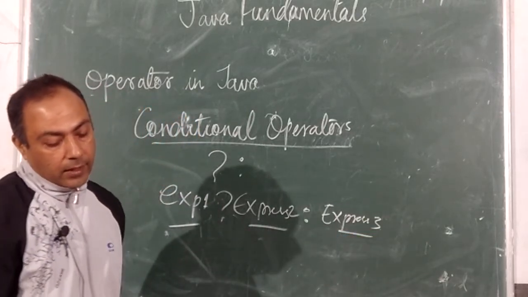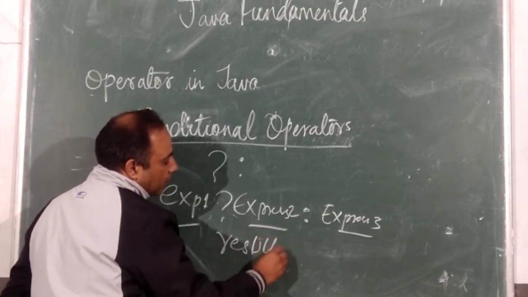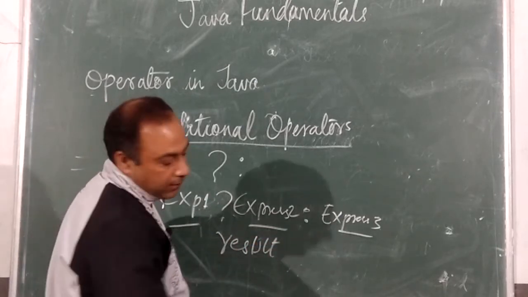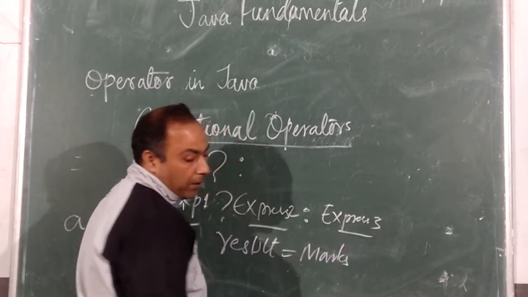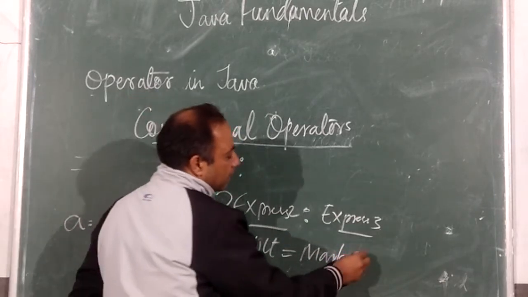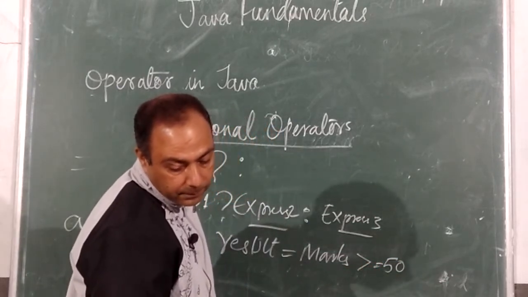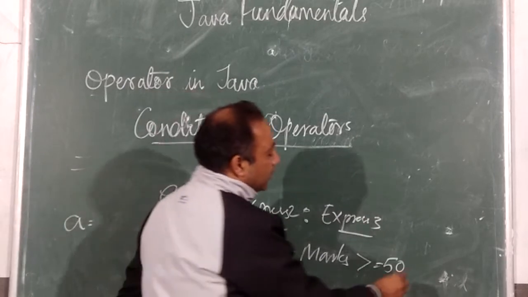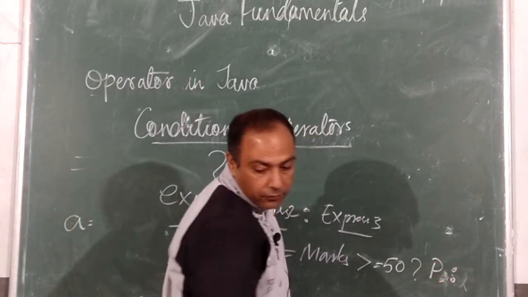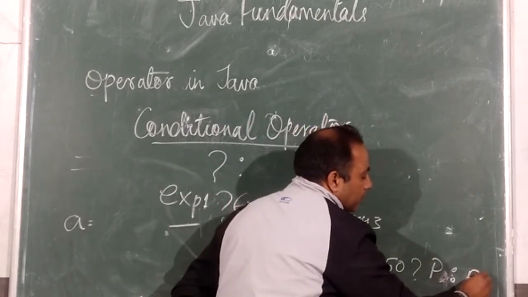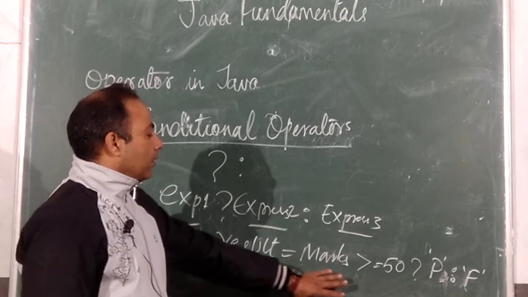For example, result equals marks greater than or equals to 50, question mark, pass, colon, fail.